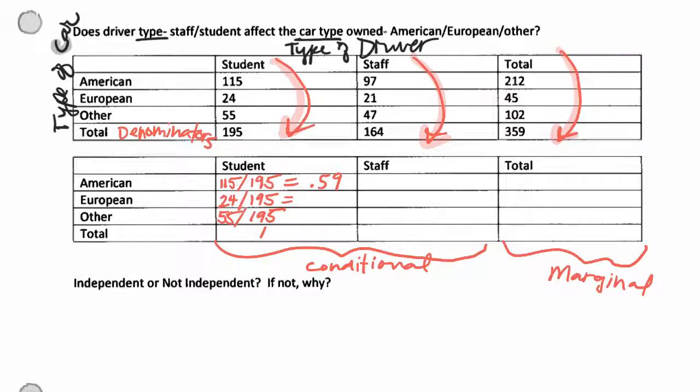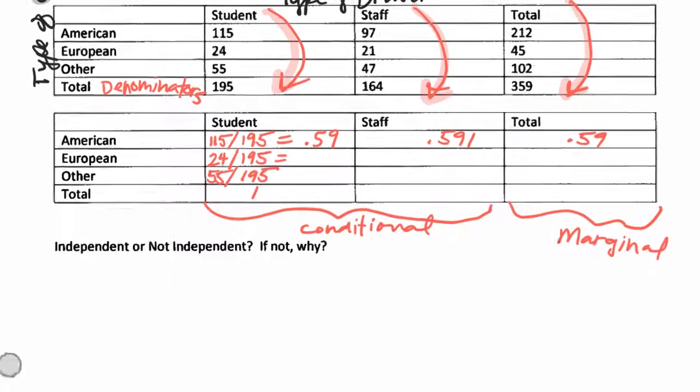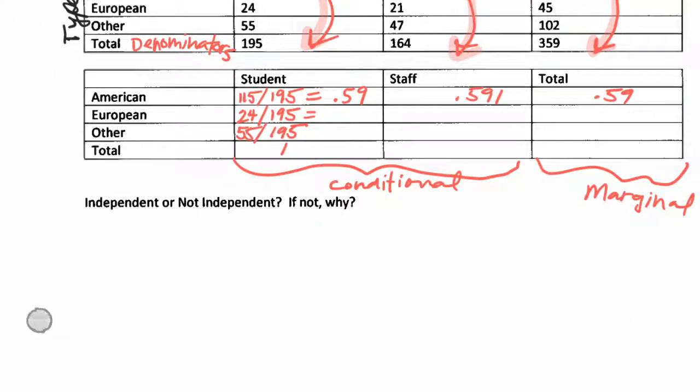I'm going to go ahead and tell you decimal-wise, for time's sake, what all of those percentages are so that we can compare and see if we have something that is independent or not independent. So put these in. So I can see based on this that being a student or staff is independent of American car, because look at all those numbers. Those are the same. Here we have 12.3%, so that's 0.123.